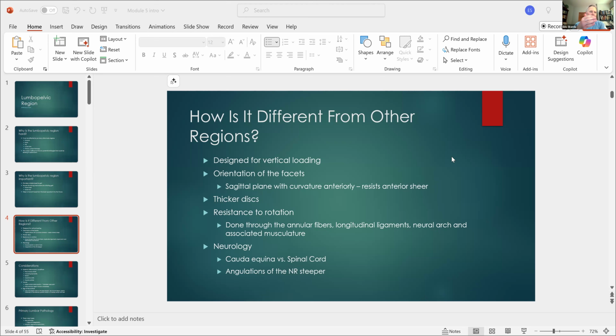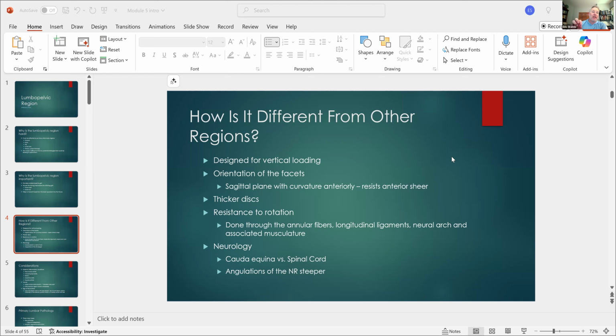So when we have this lordotic curvature, right, that arch is actually much stronger for us, especially when we couple it with the kyphotic curvature of the thorax. It's much stronger and able to tolerate these vertical loads while still providing sufficient mobility. Okay, so really much more designed for that than say the thoracic spine segments and especially the cervical spine segments.